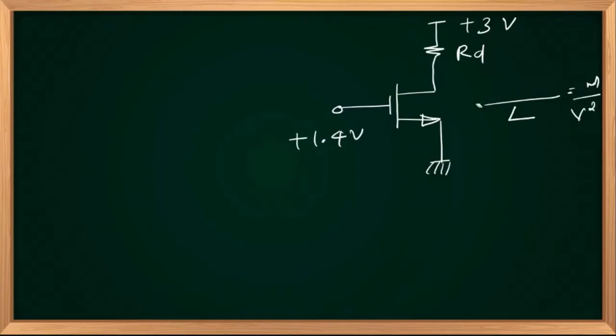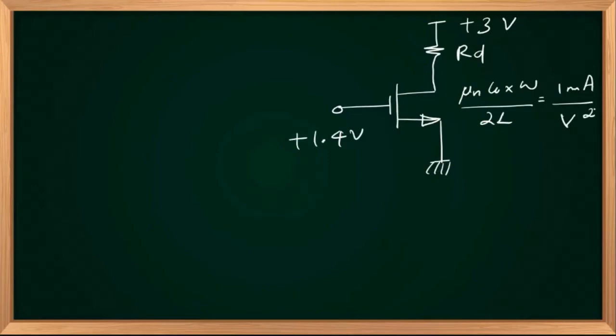Mu n C ox W by L equal to 2 milliampere per volt square. Mu n C ox W by L equal to 1 milliampere per volt square.